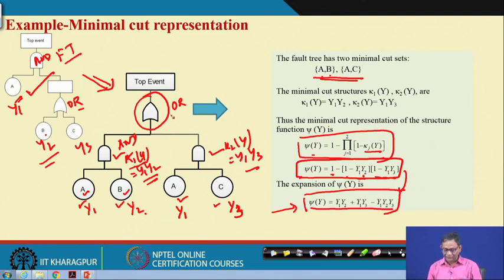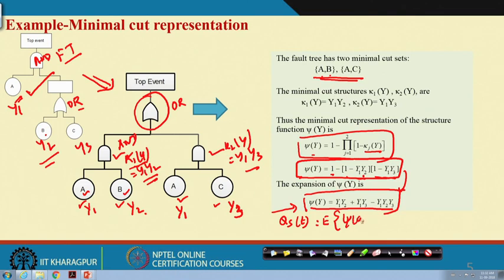And now, if you want to find out the QST at time t equal to 2, this will be the expected value of psi y: expected value of y1 y2 plus expected value of y1 y3 minus expected value of y1 y2 y3.